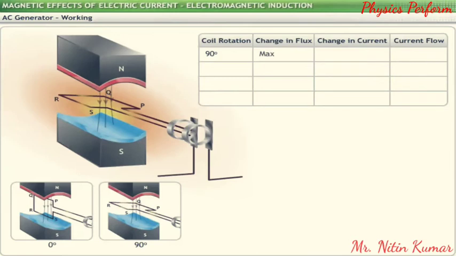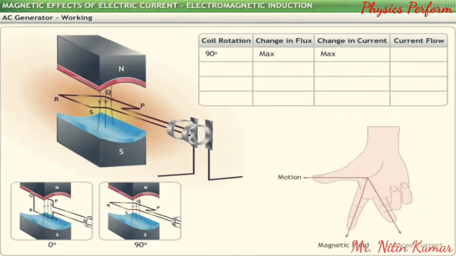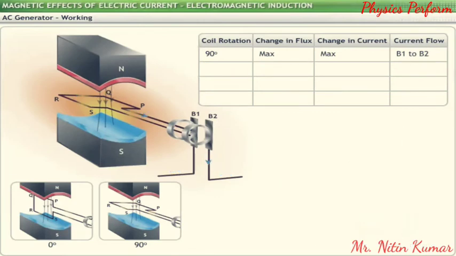At this stage, the change in flux with respect to the initial position is maximum. Hence, the current rises from zero to maximum. The direction of current through each arm can be found using Fleming's right-hand rule. The current flows from brush B1 to brush B2.